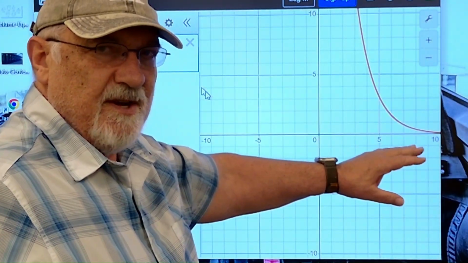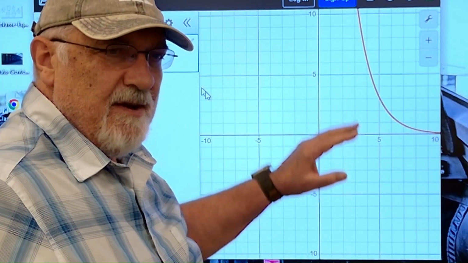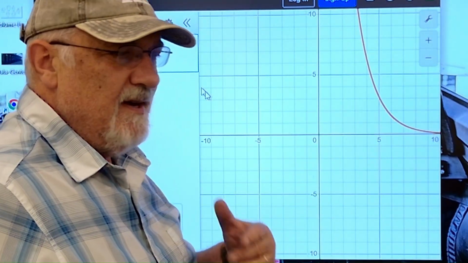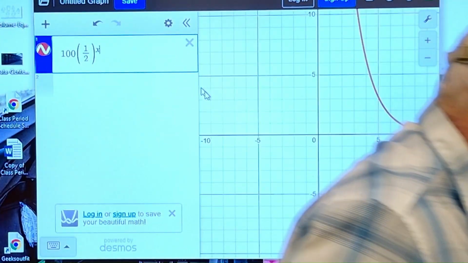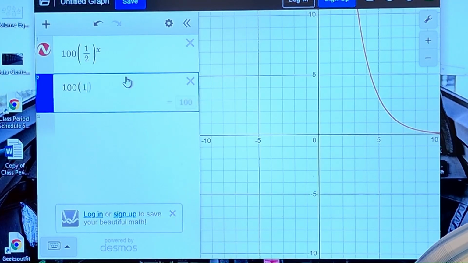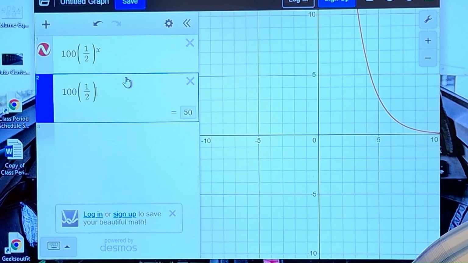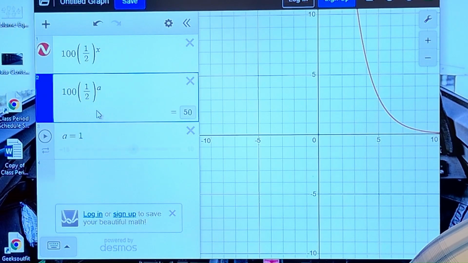It'll never quite reach 0. It gets really close. Now, your computer may say it hits 0 because your computer has a limited number of decimals it can handle. So then you can also do the same thing here with the a, 100, and the rate is 1/2, and we can put an a here and add a slider, and you can play around with it.